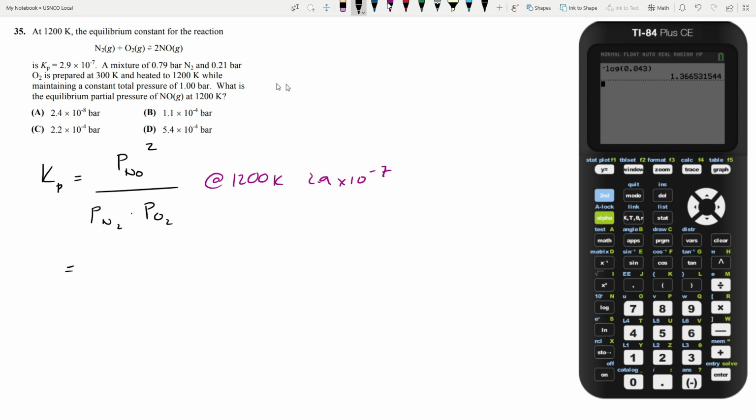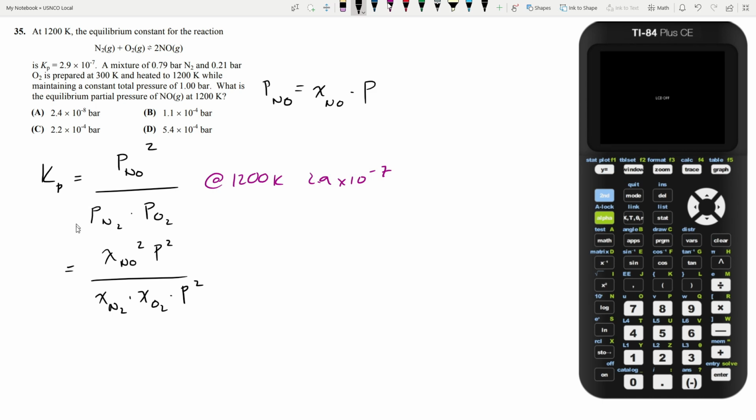We can define what the partial pressure is. We know that the partial pressure of something like NO is going to be the mole fraction of NO times the total pressure. So if you notice, this equation can boil down to the mole fraction of NO squared times the total pressure squared over the mole fraction of N2 times the mole fraction of O2 times P squared. 1P is coming from this partial pressure term and 1P is coming from that term, so they overall create P squared.